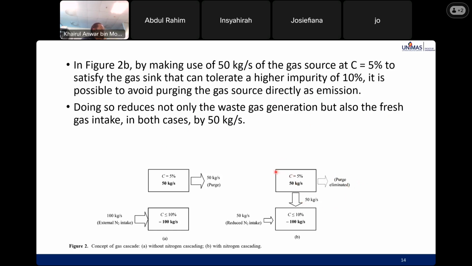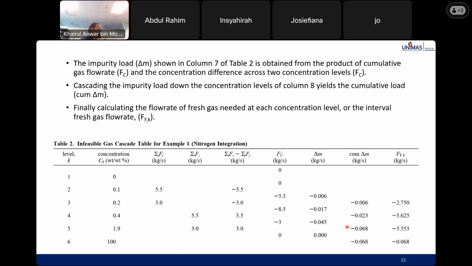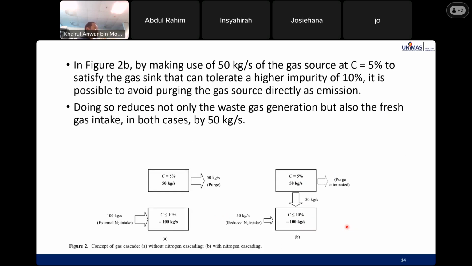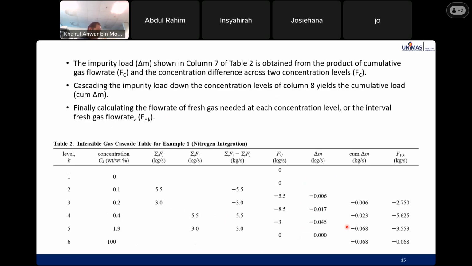So here, instead of purging the 50 kilogram per second directed to this box, but this box requires 100 kilogram per second, another 50 comes from the fresh feed at 0%. But still, at the end, the concentration is 5%. That is why we do cascade.